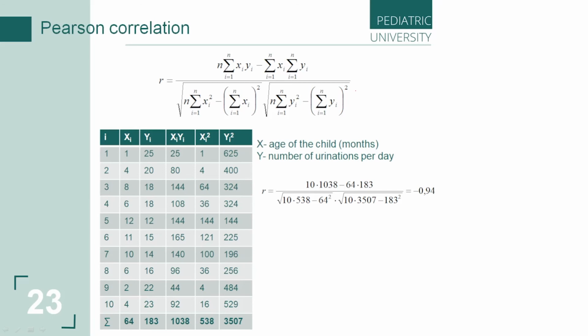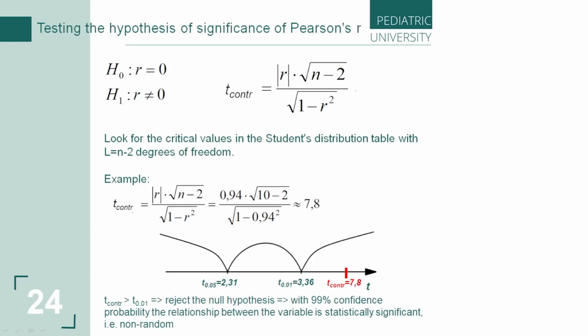So after we calculate the correlation coefficient, what must we calculate? We must calculate the confidence interval. Students, the formula for the confidence interval is very scary, and I don't use it in my lecture.